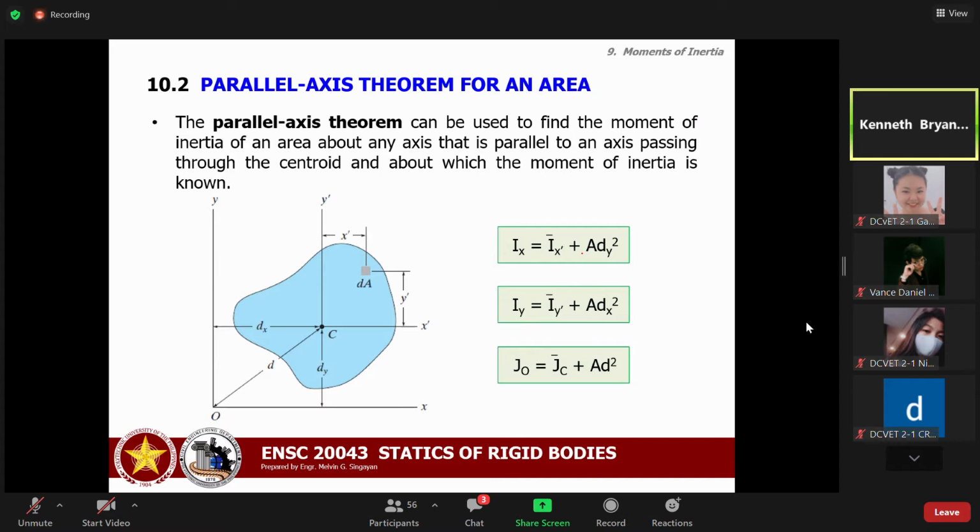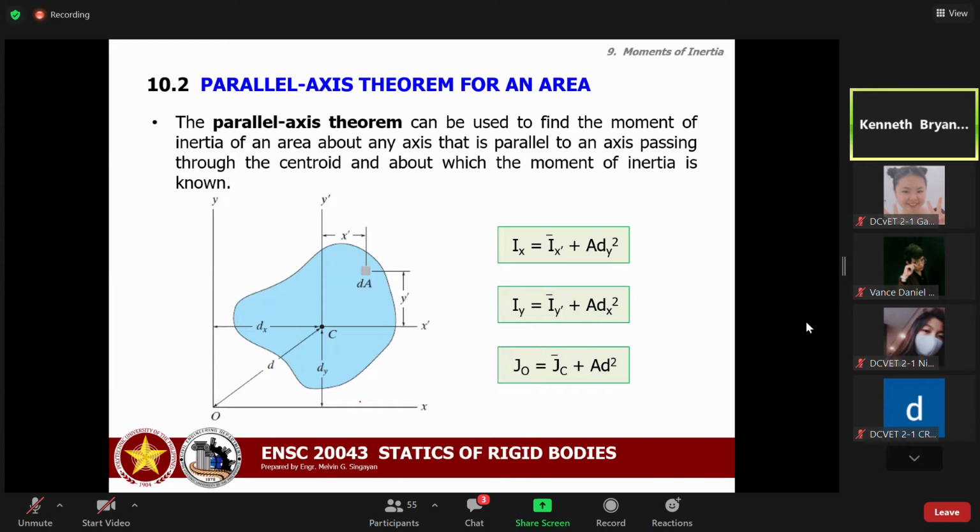Then you have a second term which is called the transfer term. In other references, the parallel axis theorem is called the transfer formula for moment of inertia. This transfer term is equal to the product of the area times the square of the distance dy. But what is the distance dy? The distance dy is the distance between the two parallel axes.